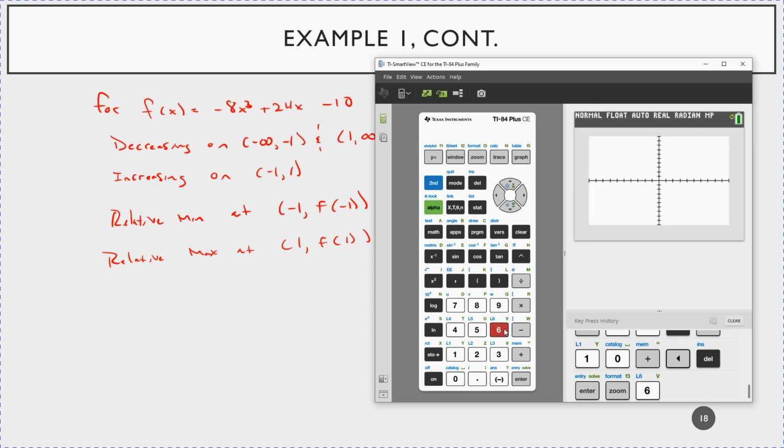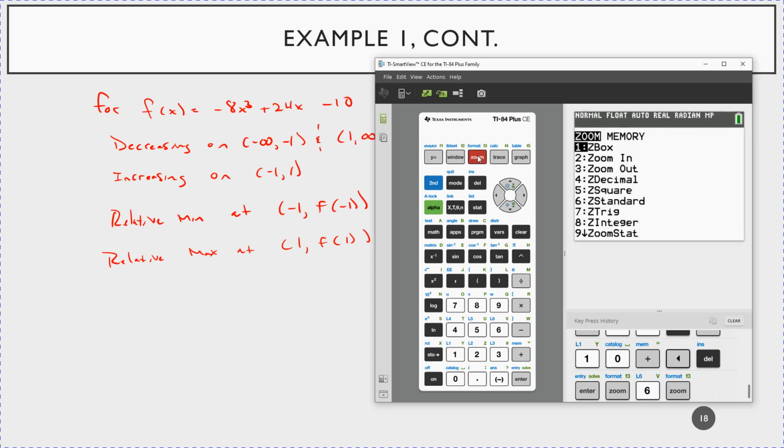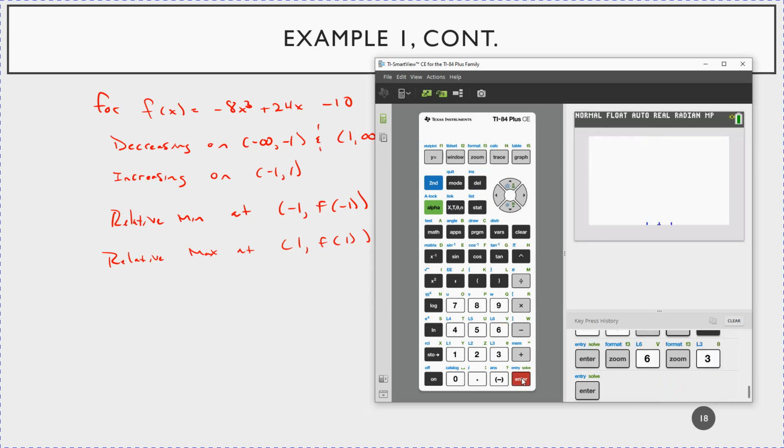And let's take a look. Let me zoom out. Yeah, it looks like we got it. It looks like it's coming down. We have the relative min here, relative max here, and we got it. Looks good. Looks roughly what it should be.